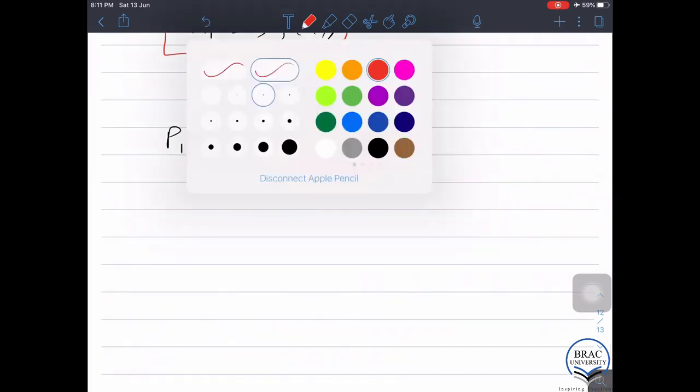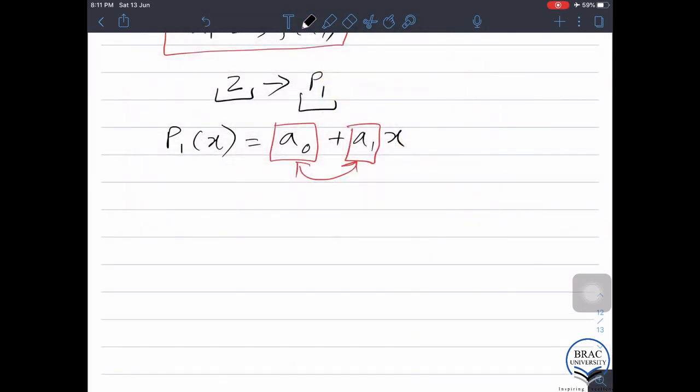I need to use the conditions. This is the basic trick of polynomial interpolation, is that my p1 at x0, what is this? This is a0 plus a1 of x0. But the value of the polynomial at the node x0 should be the value of the function, which is f of x0.